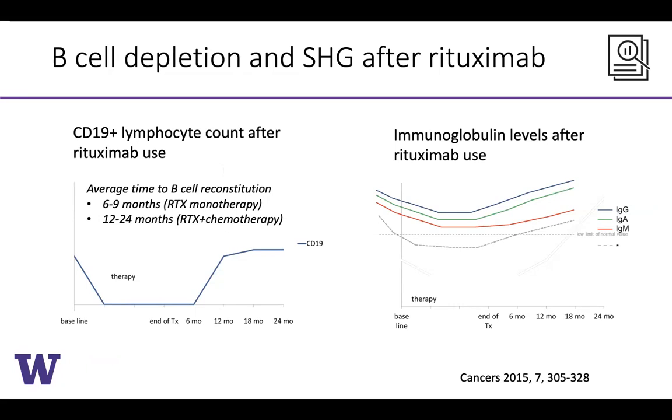And in terms of immunoglobulin levels, they decrease within a few months of treatment, and then it can take over a year to get back to pre-treatment levels. Now, this is, of course, a lot more complicated than that.